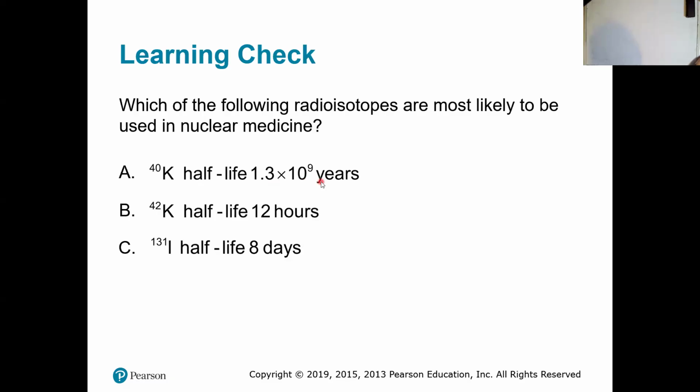That's not going to be a radioisotope that you'll want to be using for nuclear medicine. Something like potassium-42 with a half-life of 12 hours, or iodine-131 with a half-life of 8 days, these things are much more likely to be used as radioisotopes for nuclear medicine because they'll be out of the body relatively quickly.